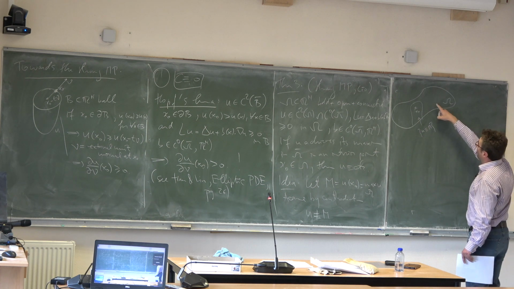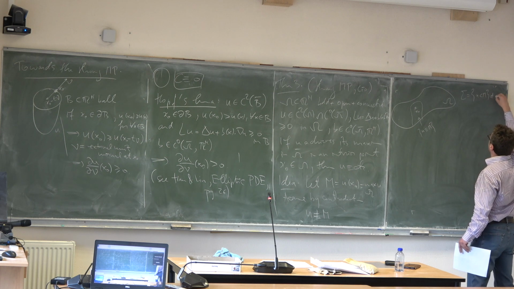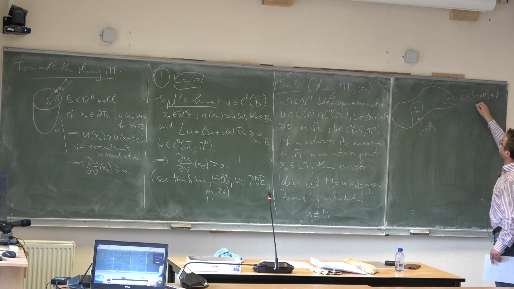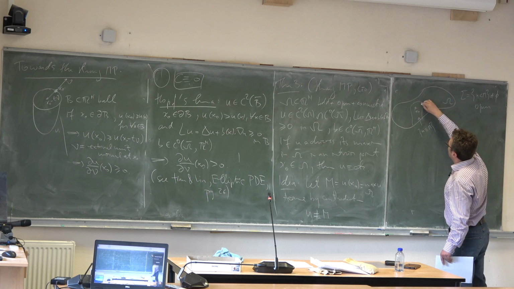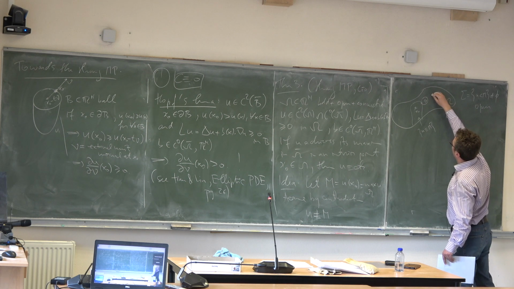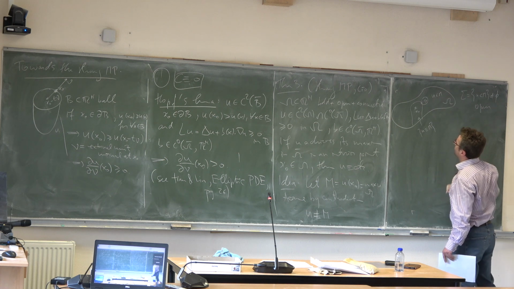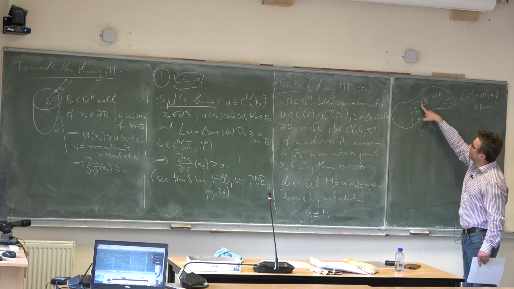But you have also that the set where u is less than m is not empty, right? And u is continuous, so this means that it is open. So if you want to make it short, you could pick a ball B that is in the set where u is less than m. So in this ball, you are exactly in the conditions of the Hopf lemma.